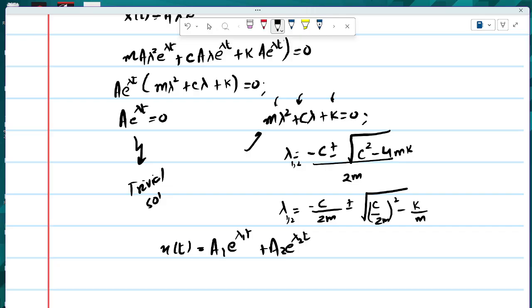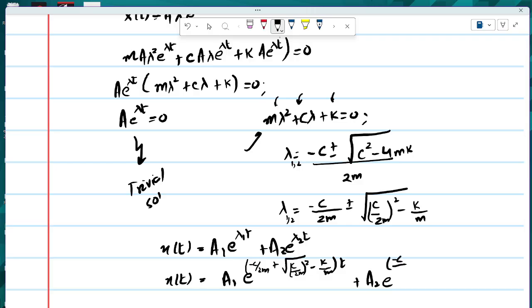So now we can substitute lambda 1 and lambda 2 in this equation. It will become a1 e exponent lambda 1 t, that is whole, minus c over 2m plus under root c over 2m square minus k over m, and that's whole into t, plus a2 e exponent lambda 2 t, that's whole value with the negative sign.